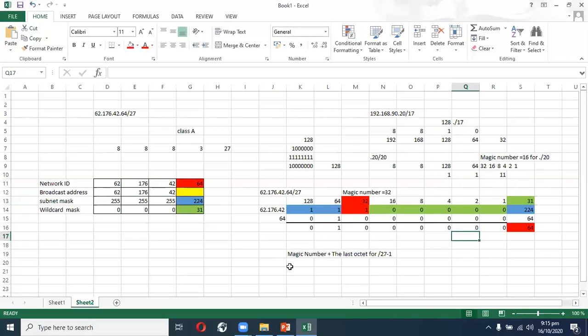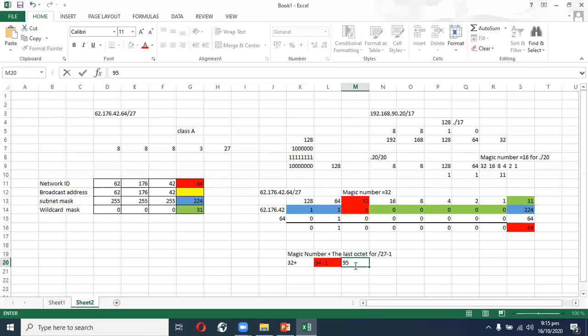So here our magic number is 32 plus 64. Let me make it red so it will be easy later on. 64 minus 1 plus 32 gives us 95.